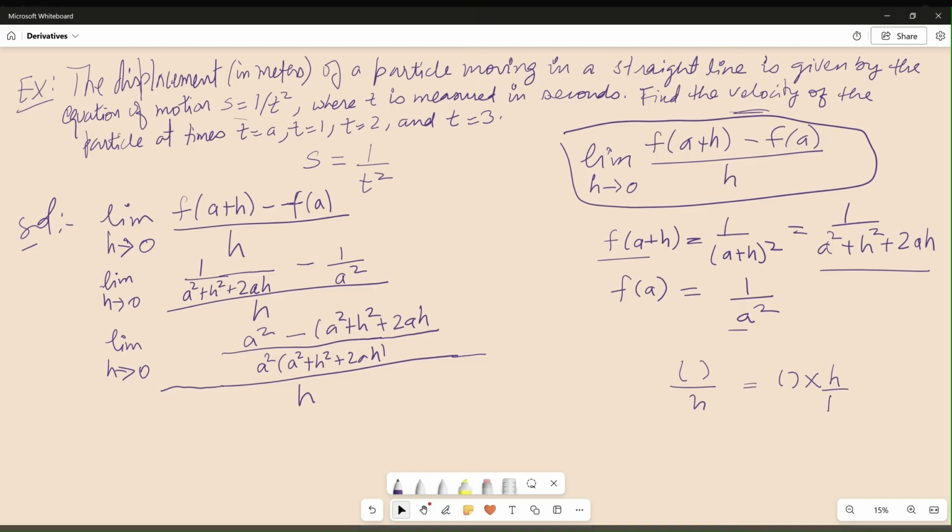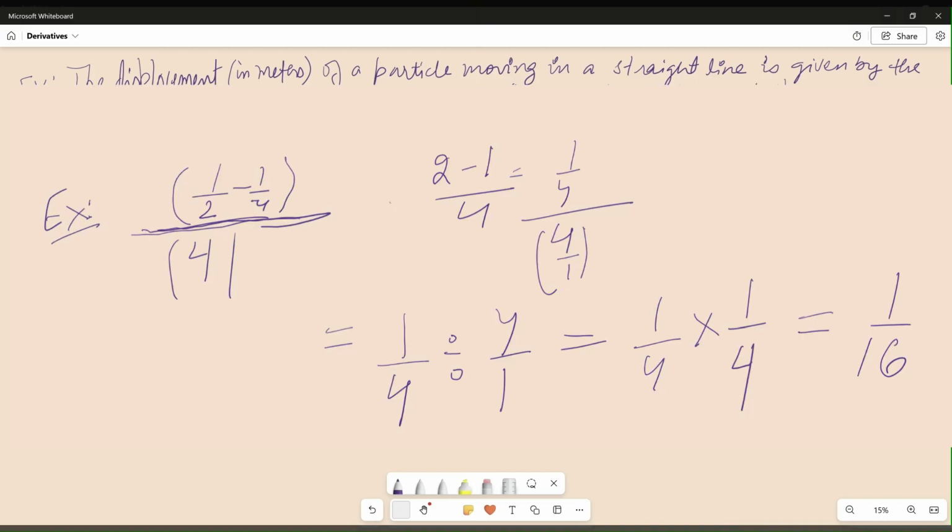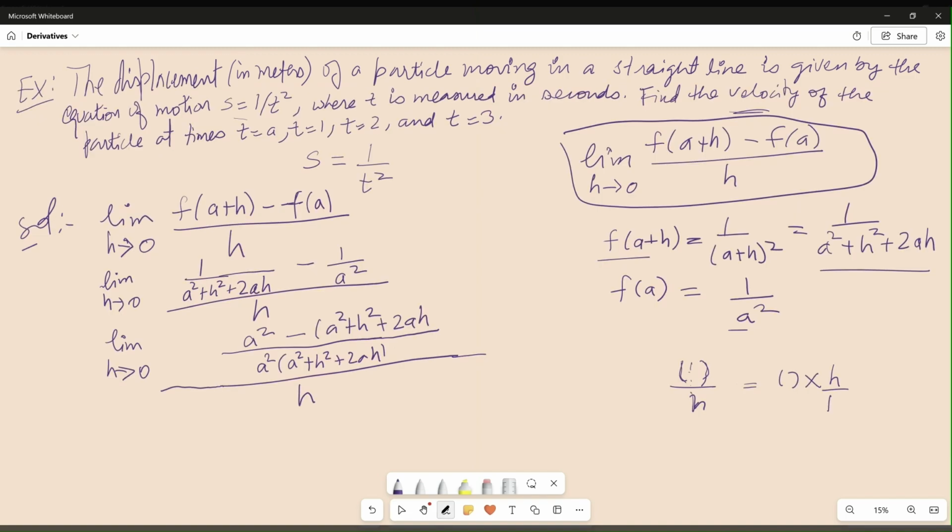As I just mentioned, if something is in the dividend here and then over here, then the reverse is going to be multiplied. So this is going to be the limit as h approaches 0, and we are going to simplify this on the way.